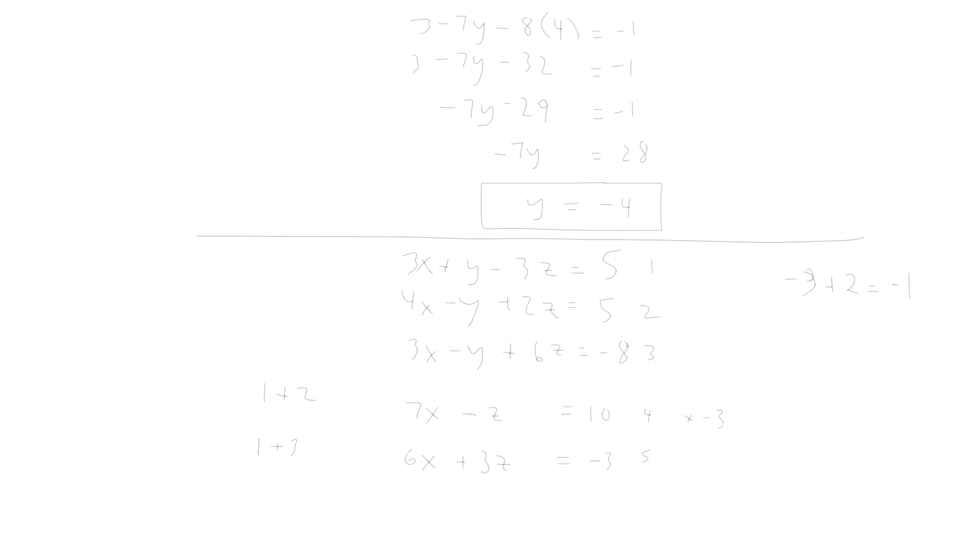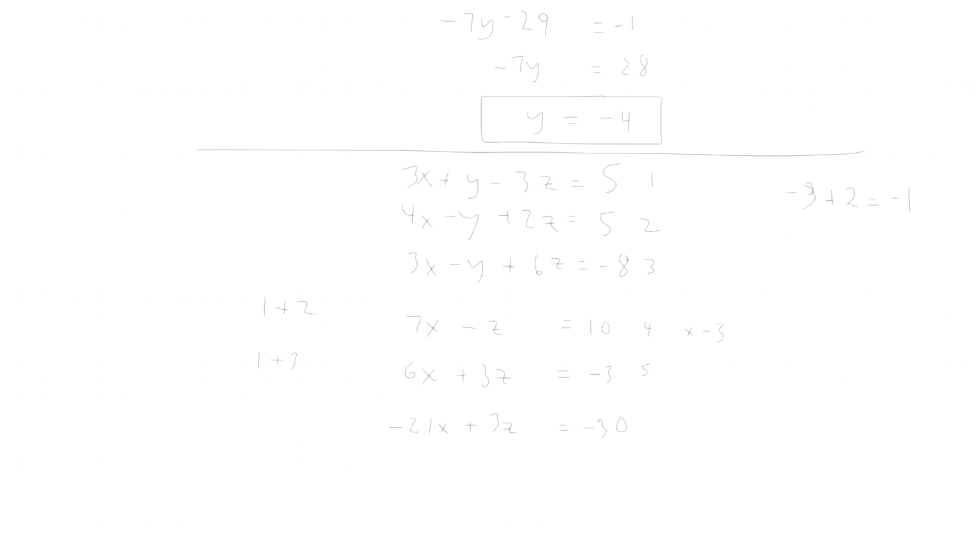Okay, so equation 4 times negative 3 would be negative 21x. We're just going to multiply each term by negative 3. This will be positive 3z here. And then 10 times negative 3 is negative 30. We're just going to rewrite equation 5 on the bottom. 6x plus 3z. Now the z coefficients match up.